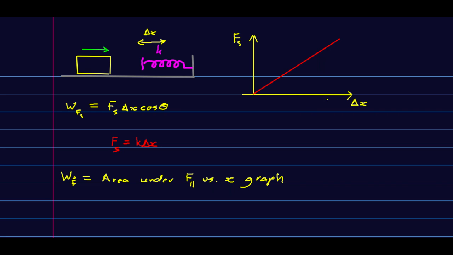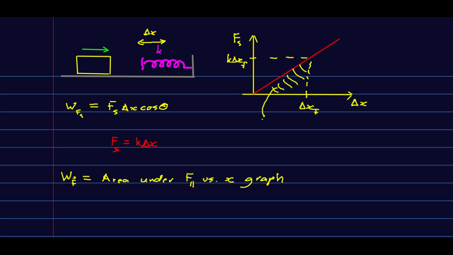So in this case, if this gets compressed to some delta x final from a compression of 0, the spring was initially uncompressed, then that area is here, and it's a triangle. And so notice that this value here is the force when the spring is fully compressed, so that is k delta x final.